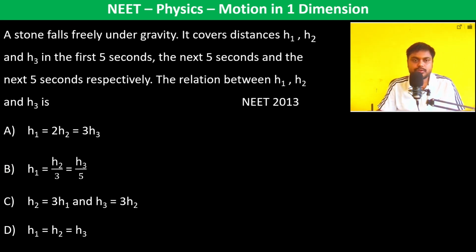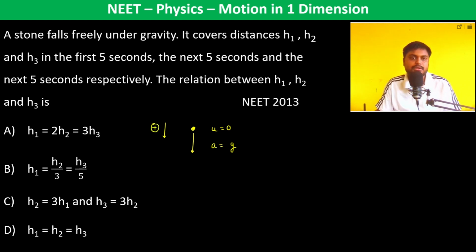A stone falls freely under gravity. It's falling freely, so u is equal to 0 and acceleration is equal to g, because we are considering downwards to be positive. It covers distances h1, h2 and h3 in the first 5 seconds, next 5.